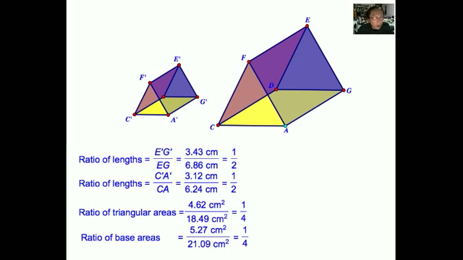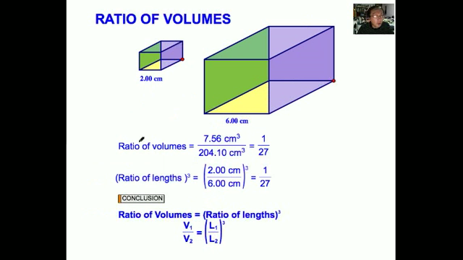We next look at the ratio of volumes. In these two similar solids, the ratio of the corresponding lengths is 1/3. If we take the ratio of the volumes, we find that it is 1/27. This means that the ratio of lengths cubed is the same as the ratio of volumes.